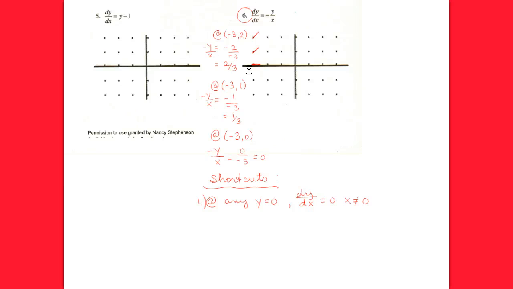I could pick up some shortcuts, like I got a clue right here from this slope of 0 we got a second ago. Notice that anywhere my y value is 0, that's going to give me a slope of 0, except for when the denominator was 0. So I could go through then and say, okay, anywhere I have a y value of 0, I'm going to have a slope of 0.